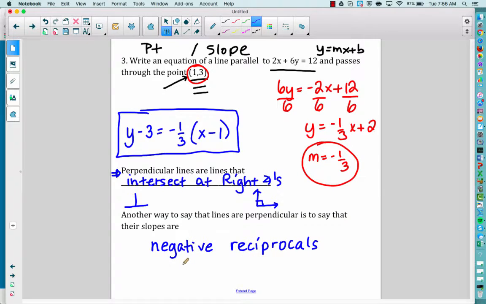Okay, so negative just means it's the opposite. We can also say opposite reciprocals. Reciprocal means the flip of it. So if I tell you 2, the reciprocal would be, because 2 is over 1, I'd flip it. It would be 1/2. If I tell you 1/2, the reciprocal of that would be 2. All right, so let's make sure we understand that.